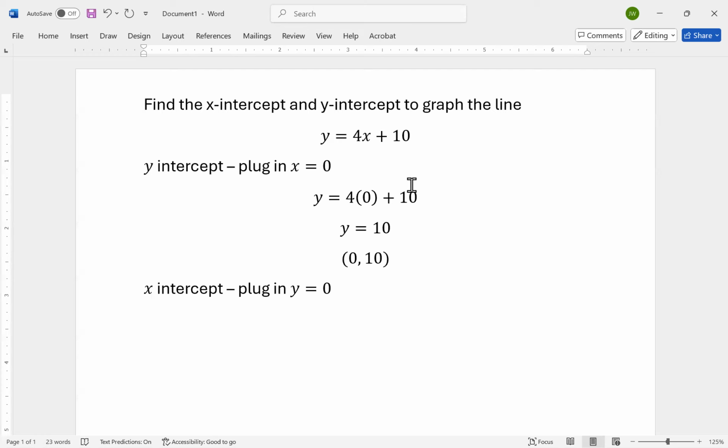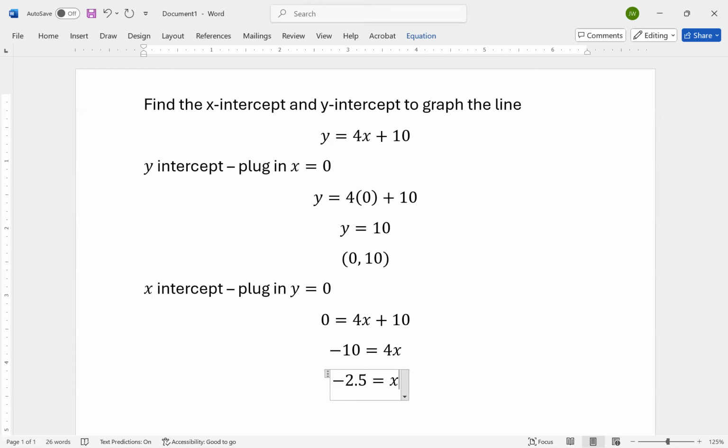The x-intercept we get when we plug in 0 for y and then solve for x. I would subtract 10 from both sides to start out with. That would give me -10 is equal to 4x. And then I would divide by 4. That would give me -2.5 as my x value.